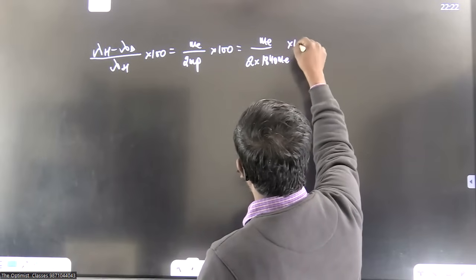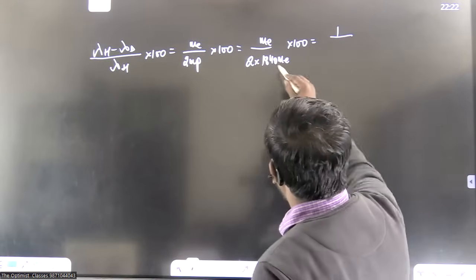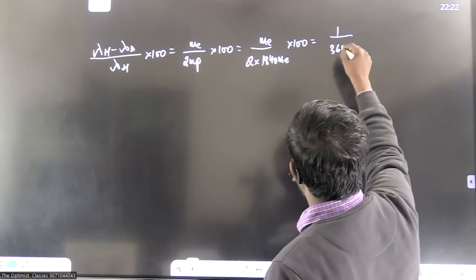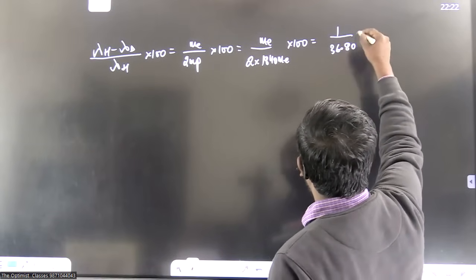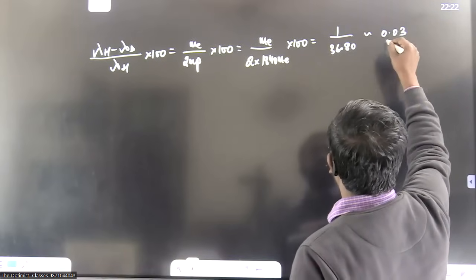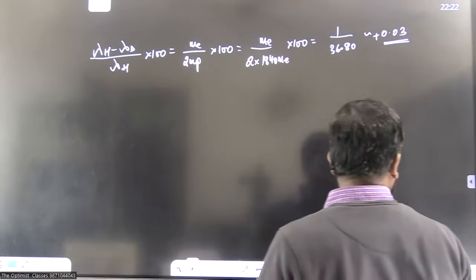Okay, and this is 100. So we get 1 divided by, you can divide it by 100, you can bring this here, so it will become 36.80. So you can calculate it. It comes out to be close to 0.03. Okay, so that's the answer. This is coming out to be positive. Okay, so that is the answer.